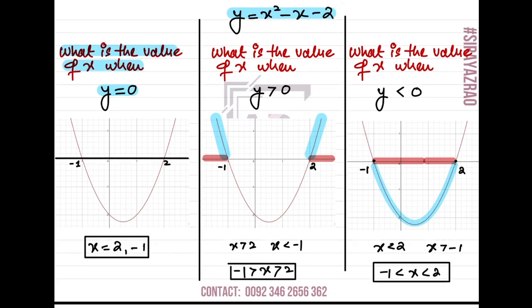And when it asks what is the value of x when y is less than 0, we can say x is less than 2, which means less than the larger value, and x is greater than minus 1, which means greater than the lesser value. So at these values, the value of y is less than 0.